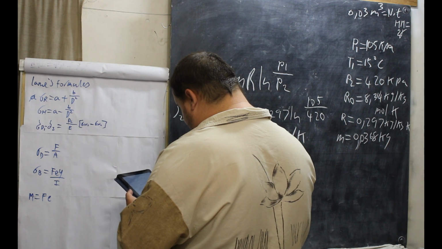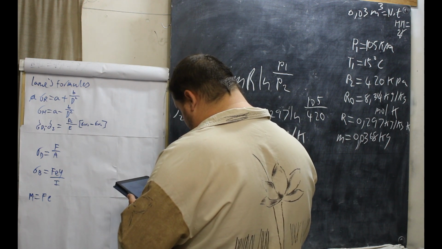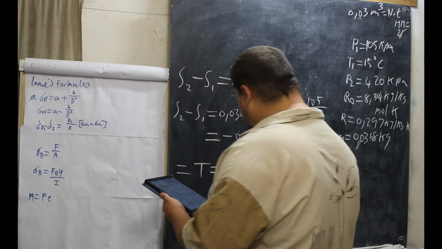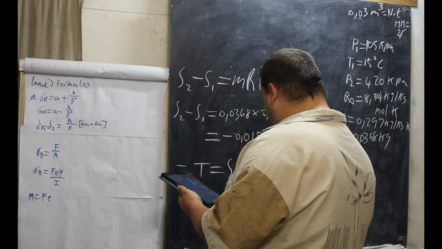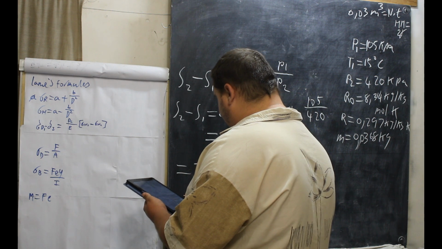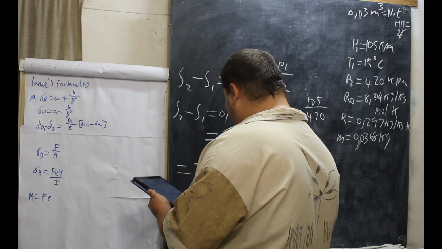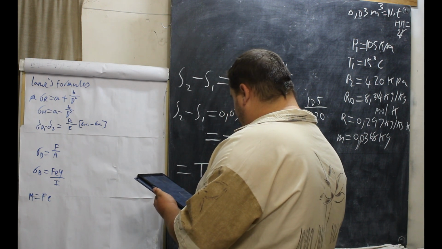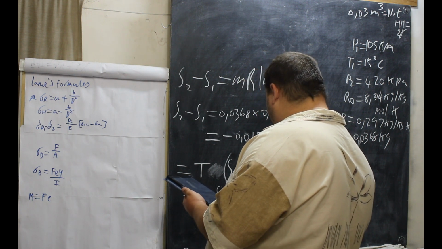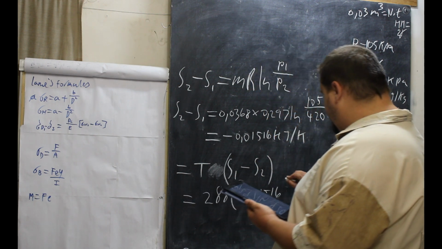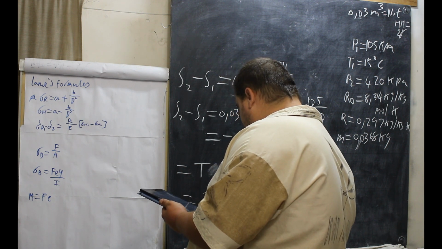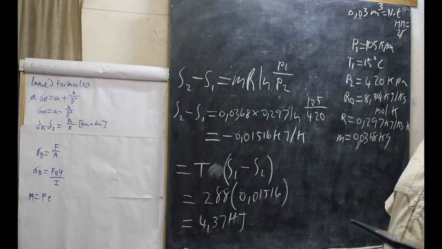With the second diagram, we look at Q equals T times S1 minus S2, which equals 288 times 0,01516, which equals 4,37 kilojoules of energy.